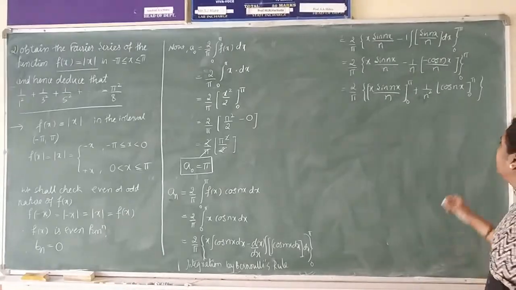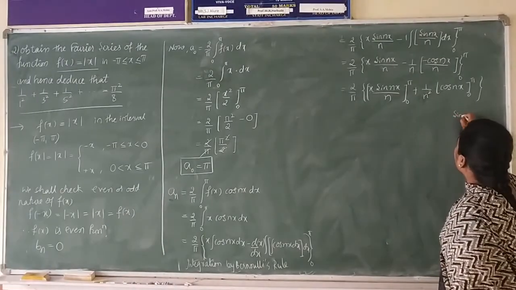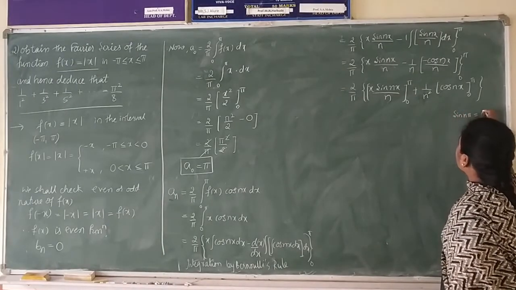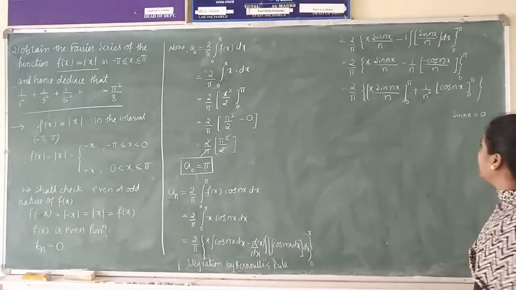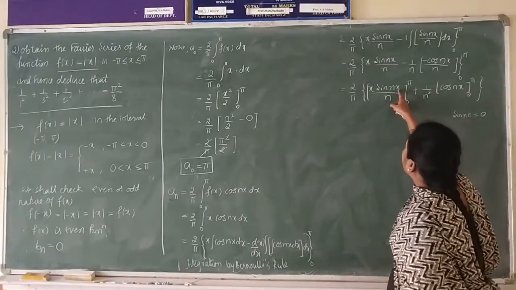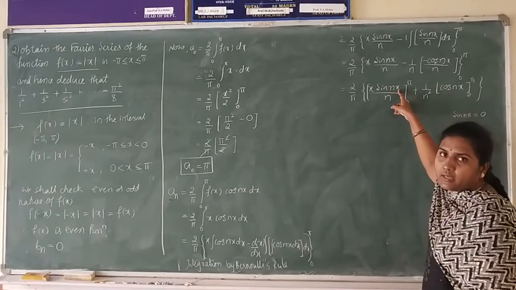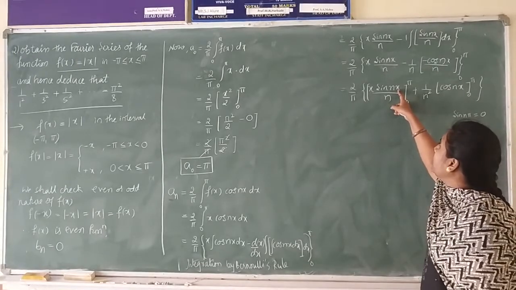Since we know that sin of n pi is equal to 0, this is a standard result. If you substitute x equals to pi here, we are getting 0.